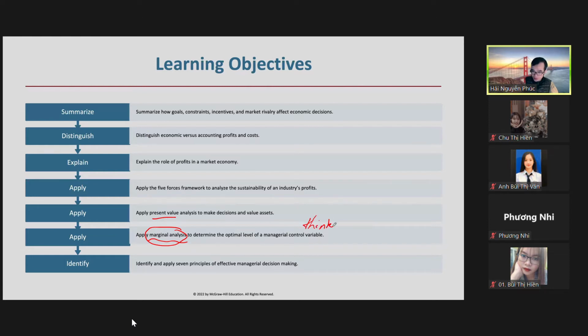In economics, it is very important to keep in mind that we have to think at the margin. Do you know what it means? Thinking at the margin, or doing marginal analysis. Let me give an example.